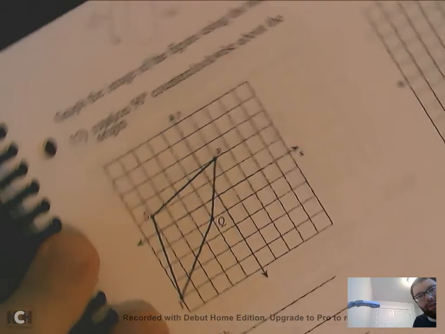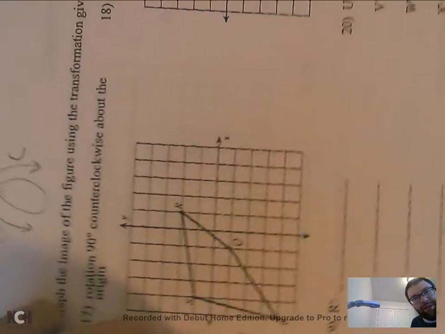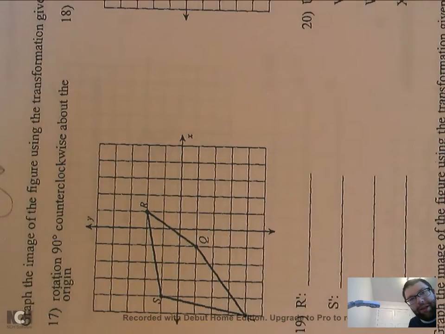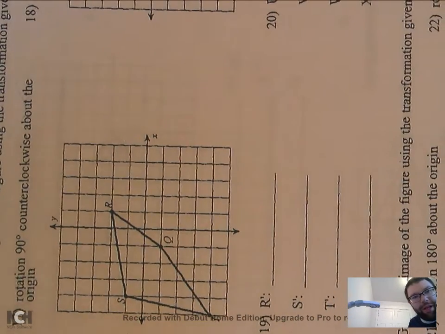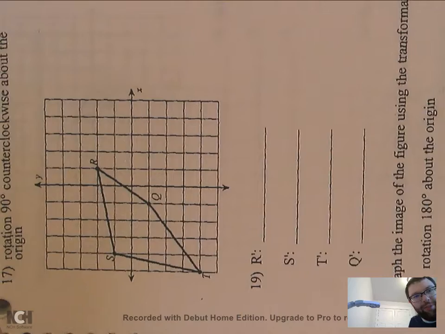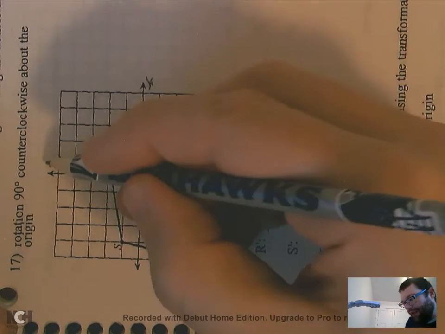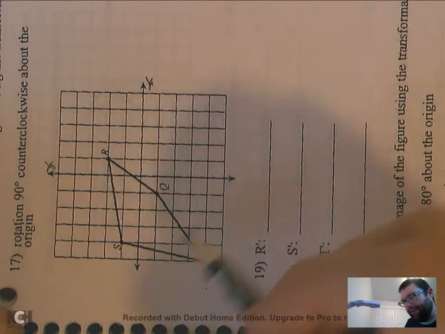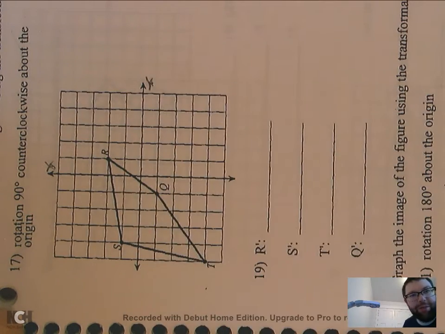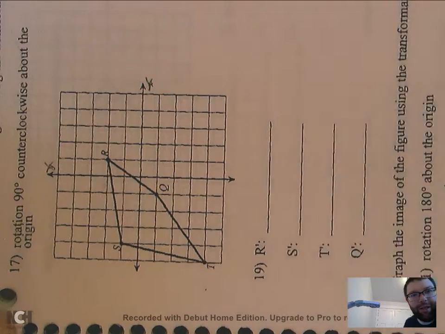If I turn it to the left 90 degrees, that is that shape rotated 90 degrees counterclockwise, right? If I think of this as the y-axis now, and this is the x-axis, this is my transformed shape. This is what it's going to look like, okay?